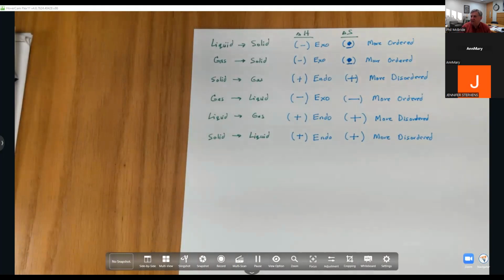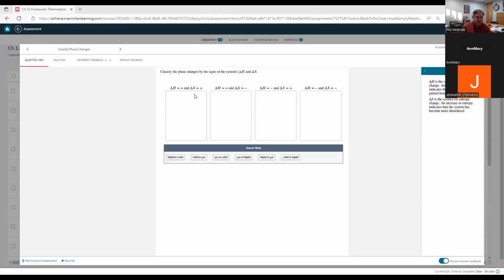All right, let's go back to that problem. So we had delta H and delta S both positive. That was solid to a liquid, liquid to gas, and solid to gas.